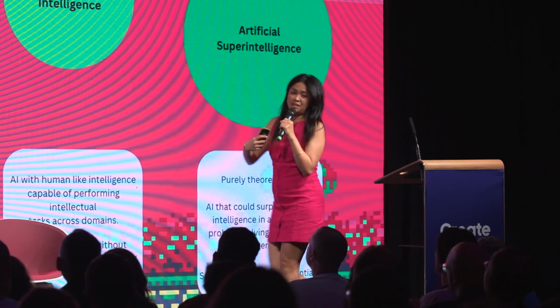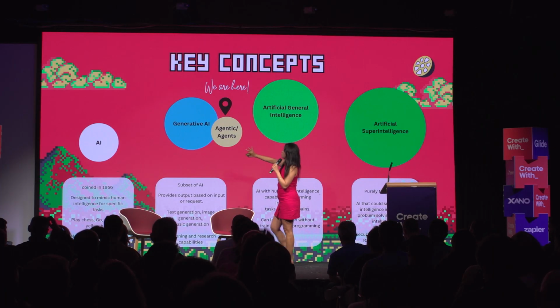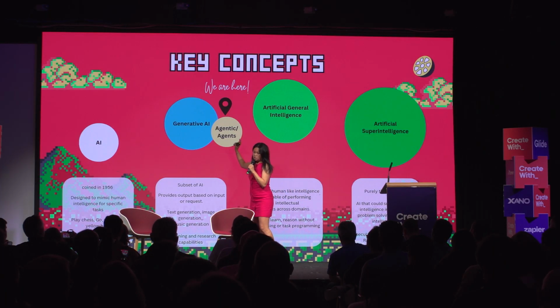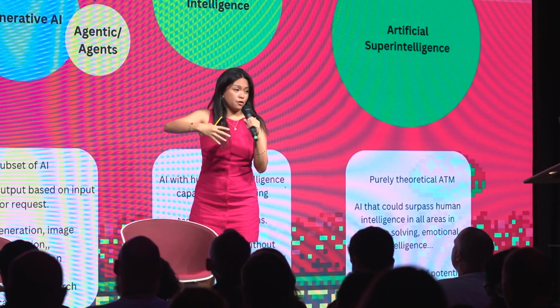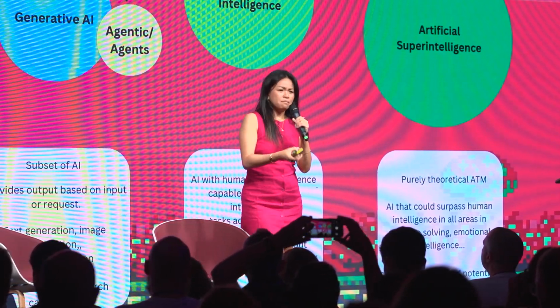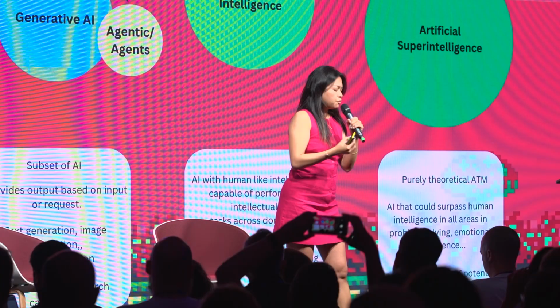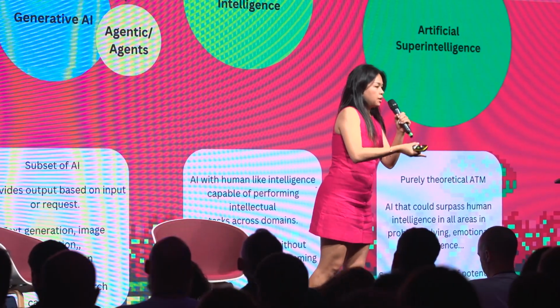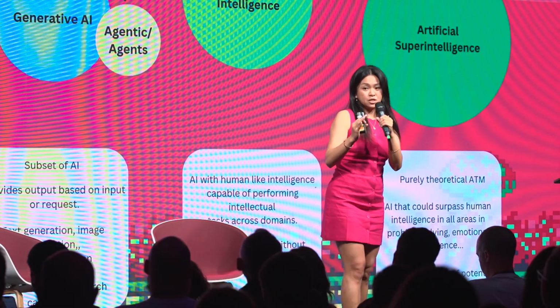We're currently, for me, I think we're just around here. So we're still using generative AI and gluing things together to have something agentic, something that can make decisions, something that can do something, but limited based on how we glue it.